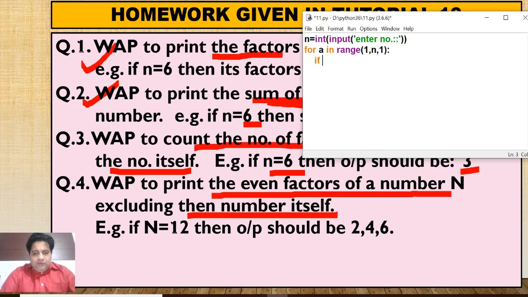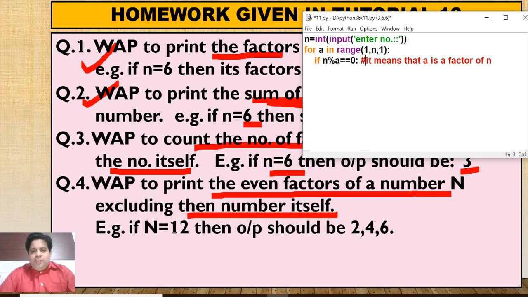Now check the divisibility. If n mod a equal to 0, now one thing more. If n mod a equal to 0, what does this mean? It means that a is a factor of n.